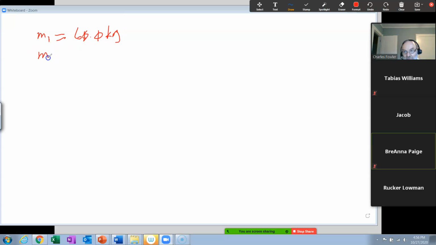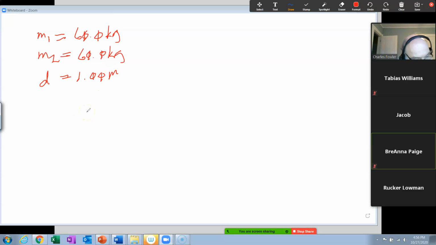Student number 2 is also 60.0 kilograms. That, by the way, is about 132-pound students, so not huge, but decent. They're standing 1 meter apart, so the distance between them is 1.00 meters. Three significant digits here.